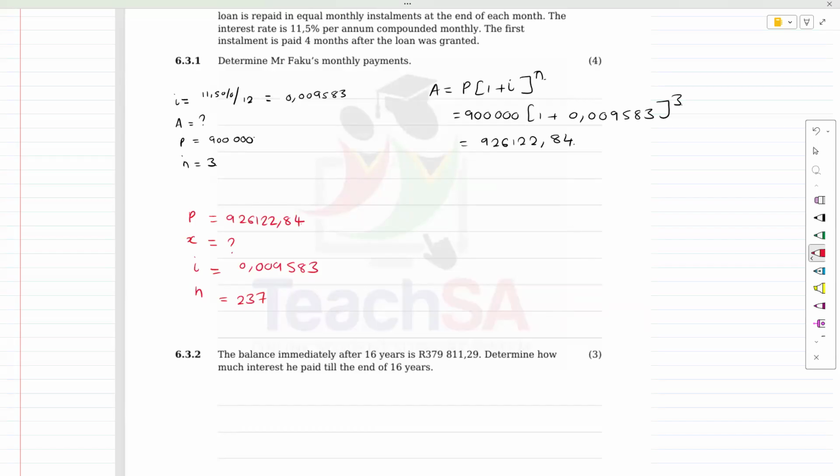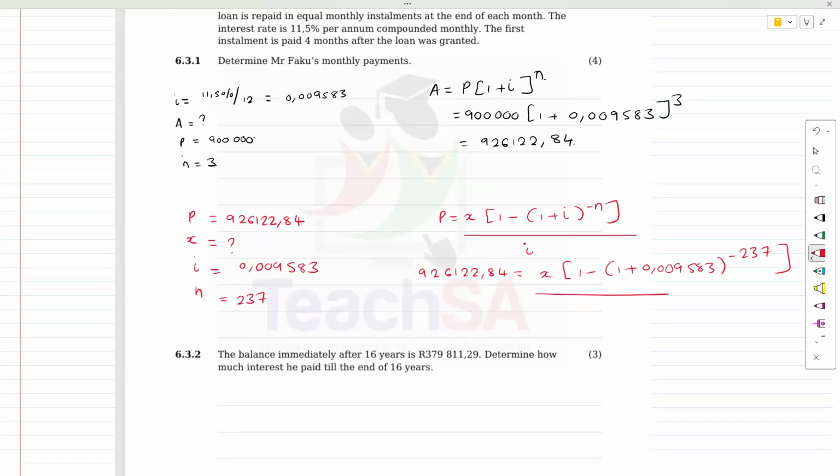And then, yeah, this is P equals X, 1 minus 1 plus I to the power of minus N, all over I. So 926,122.84 equals X into 1 minus 1 plus 0.009583 to the minus 237, and that's all over 0.009583.